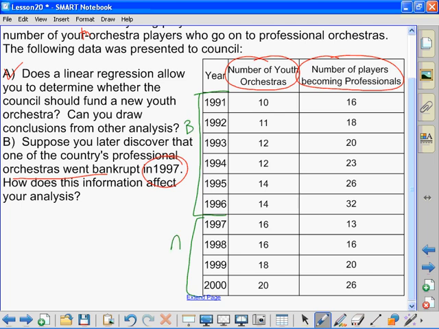So the before and after scenario, because I know 97 was a huge event to discontinue the data. So what I'm going to do is I'm going to enter it as two different data sets. I'm going to put my before in, and I'm going to put my after in, and I'm going to analyze it. So I'm going to take a second, I'll enter the before into the calculator, do the analysis, and then we'll do the after.